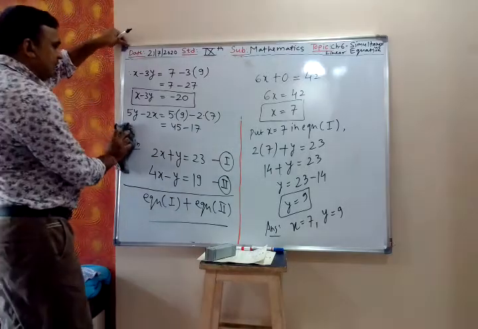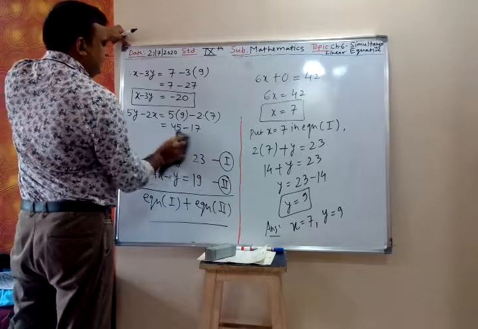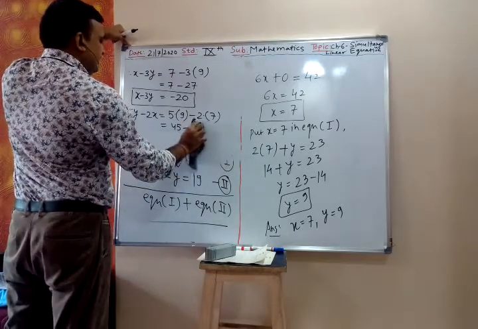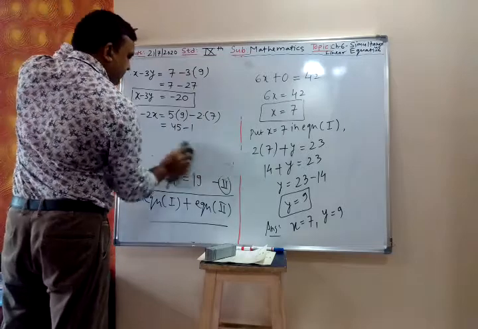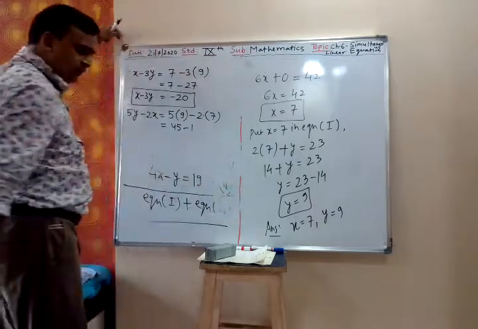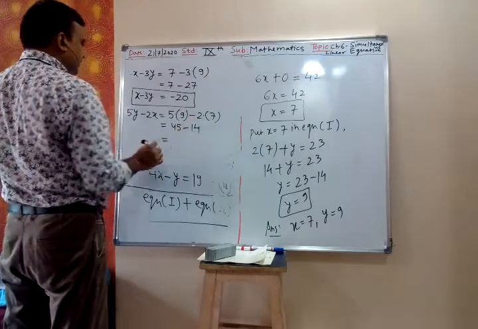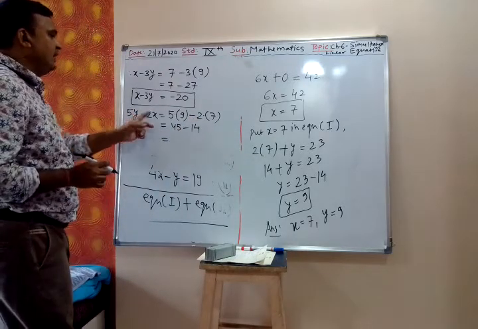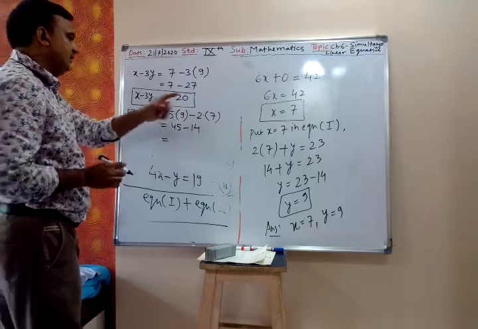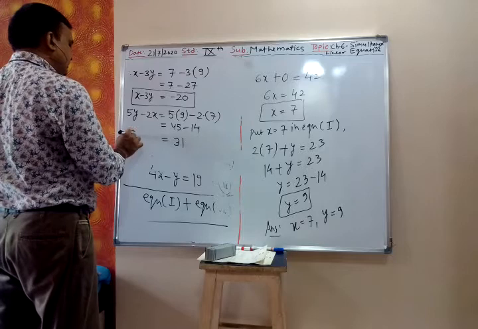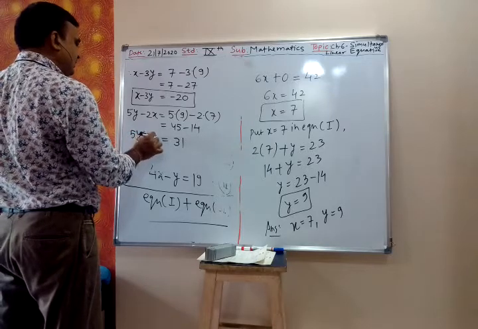After finding the value of x and y, we put both the values, y is 9 and x is 7. So this is 31. So 5y minus 2x is 31.